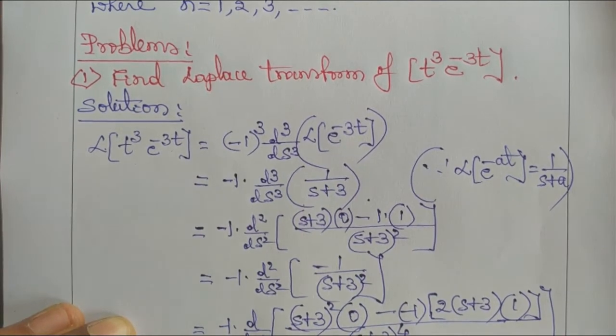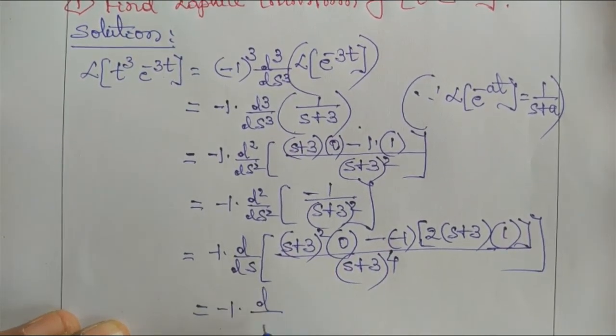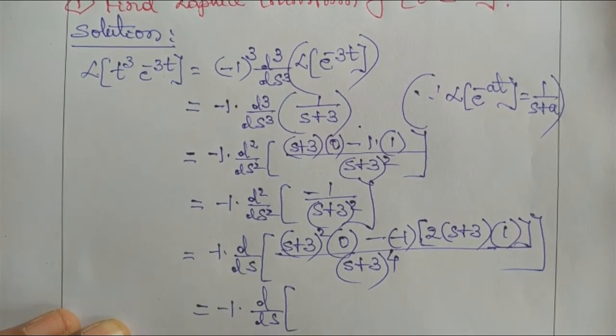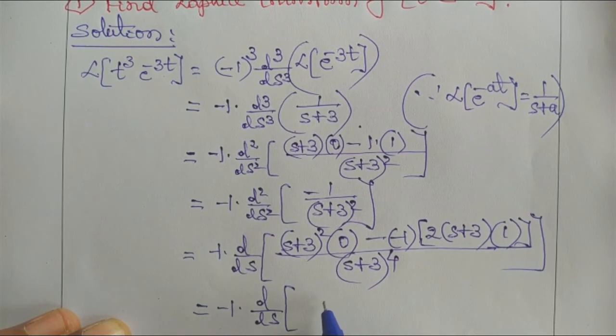Now what happens? We get minus 1 into d by ds of, this is 0, this is minus plus, so 2 times of s plus 3.